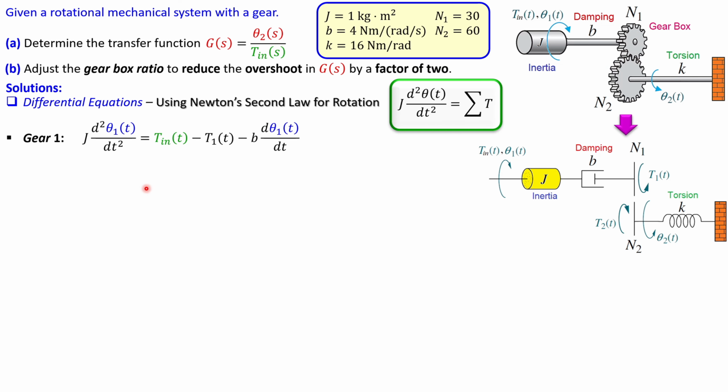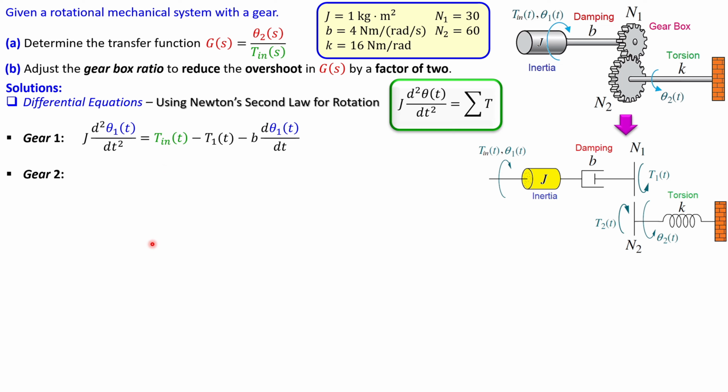So for gear 1 we have this, which on the left side is just J times the second derivative of theta 1, equal to the torque A, because that is in the same direction as theta, minus this one, because that will oppose the direction of theta 1, and also minus the damper, because that will also fight back, which is shown here, and it is B times the first derivative of our angular displacement, or just the angular velocity. So this is the setup and the balance for the part of gear 1.